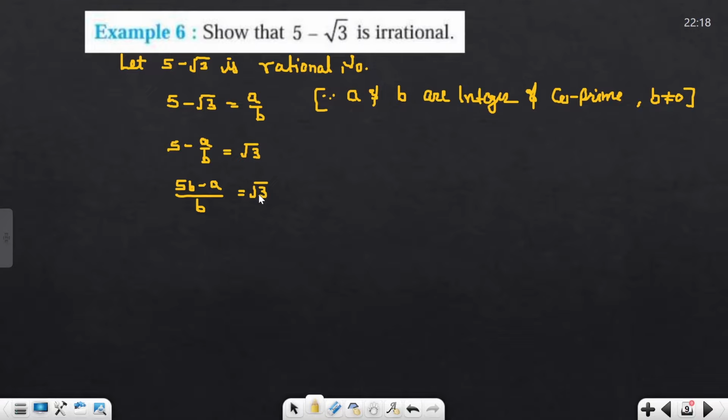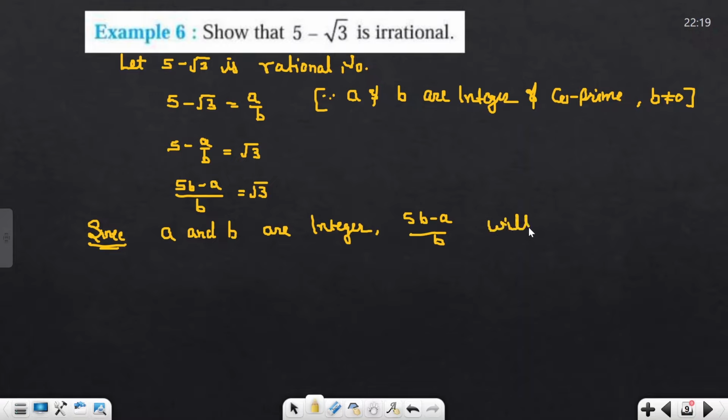Okay, how can you write this line? You can write here, since a and b are integers, 5b minus a divided by b will also be rational. It is a rational number.